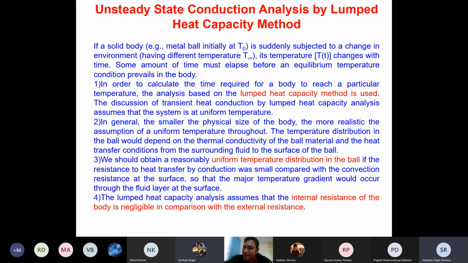In general, heat transfer through conduction is higher than in convection, right? What you are saying is the heat transfer through conduction will be higher compared to the heat transfer through convection. Is that the question? But convection not only depends on the thermal conductivity, but also on several other factors.